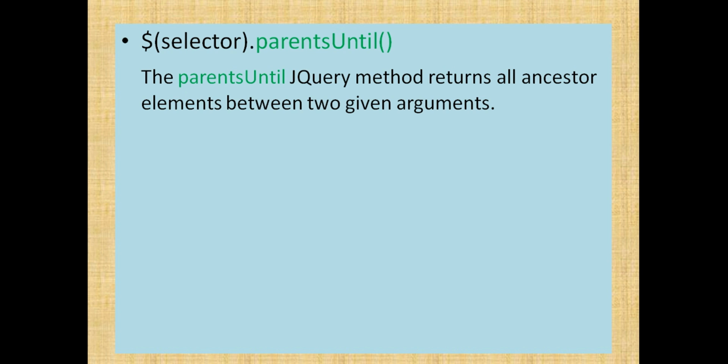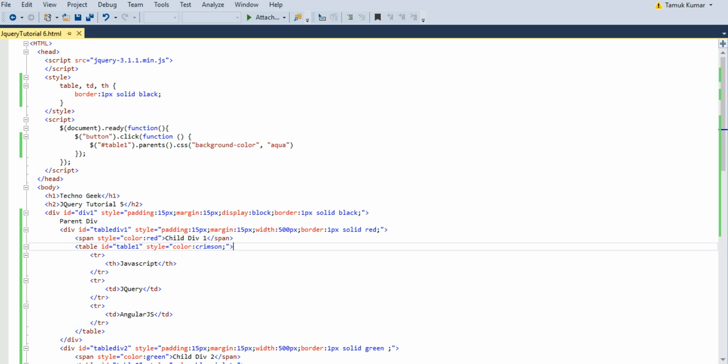The next method is the parentsUntil. This jQuery method returns all ancestor elements between two given arguments. Now, suppose I need to select the element between this div, that's the parent div, and this table number 1.